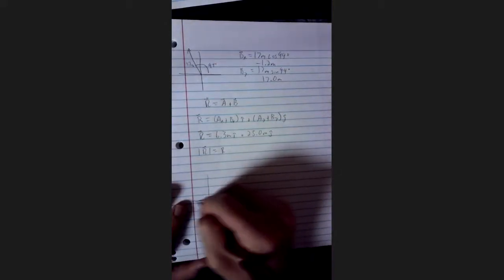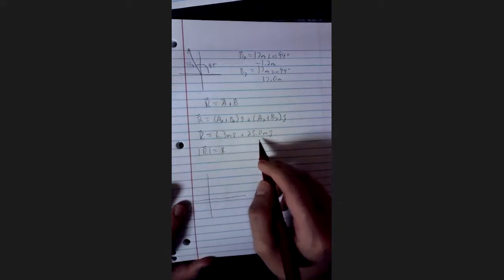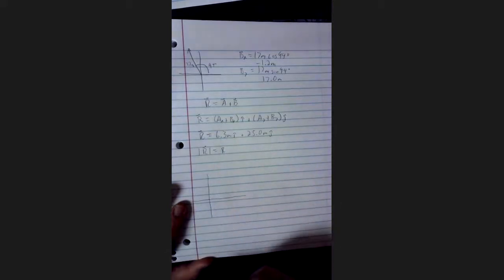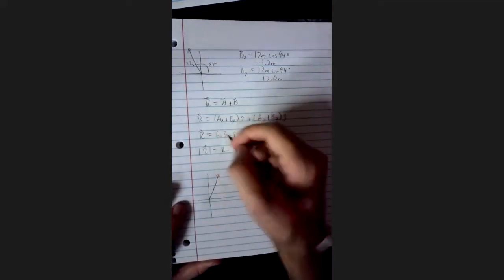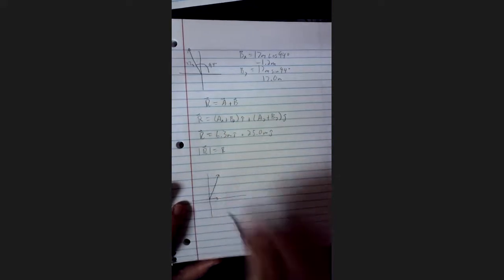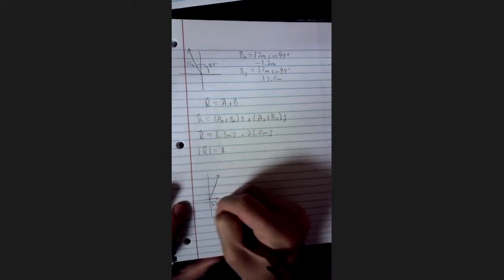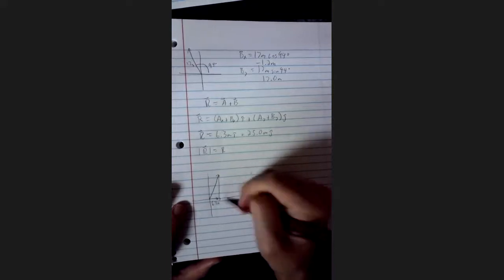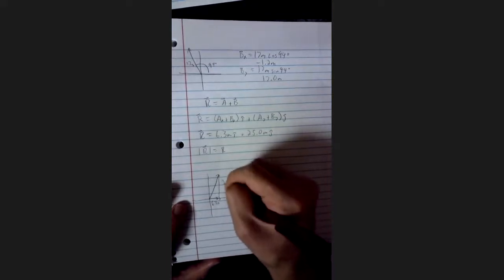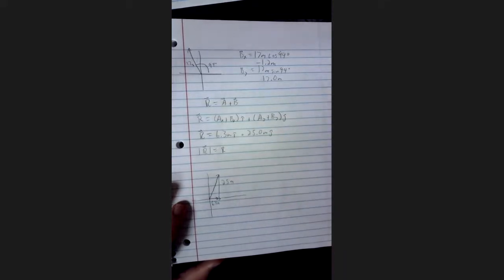So if we draw this vector, x is positive and y is positive. So it's in the first quadrant, and it's mostly along y. So it looks something like this. So this x part is this vector here. So this is the distance 6.3 meters. And this distance is our y part, which is 25 meters.